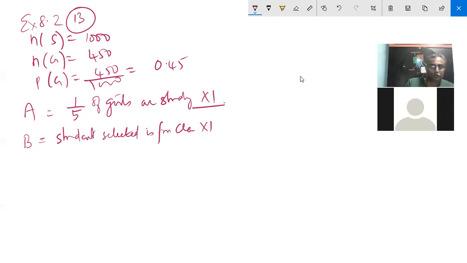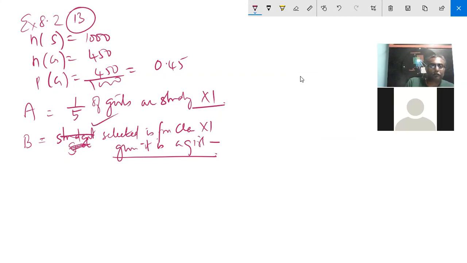The student selected is from class 11, given it is a girl. So it is a girl that is selected. 1/5 of the girls are studying in 11th standard.